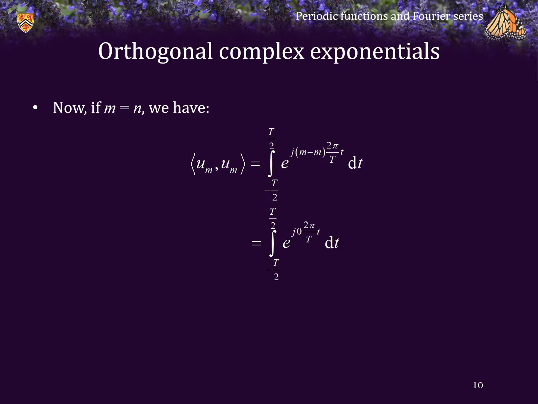J times 0 times 2 pi over capital T times t is just 0, and e to the 0 is equal to 1. So we're just calculating 1 integrated from negative T over 2 to T over 2, and you know from your calculus course that that is equal to T.